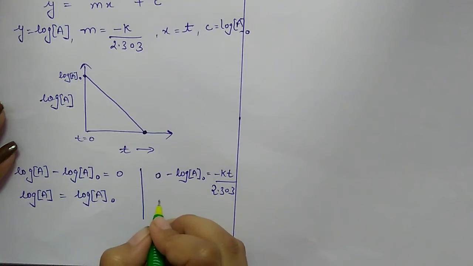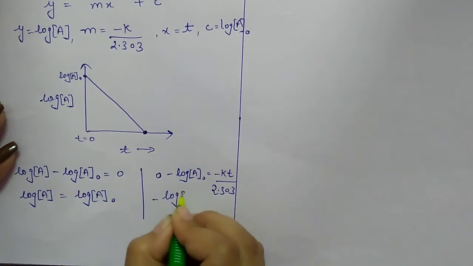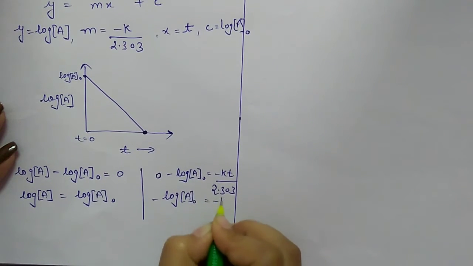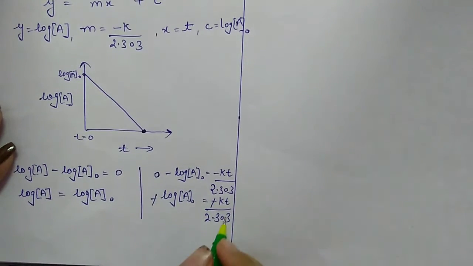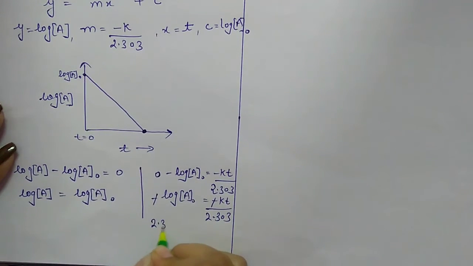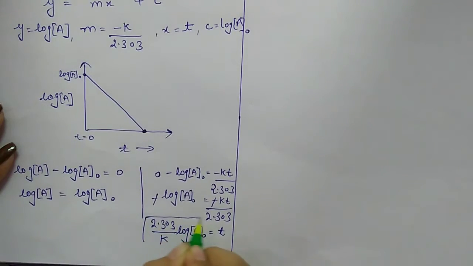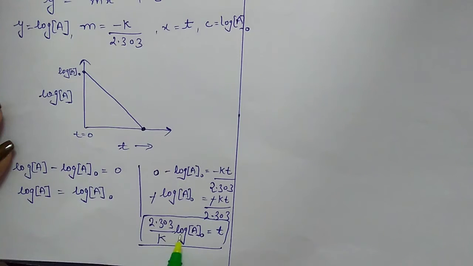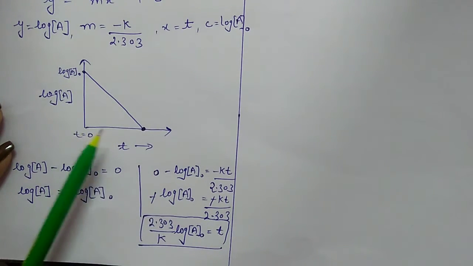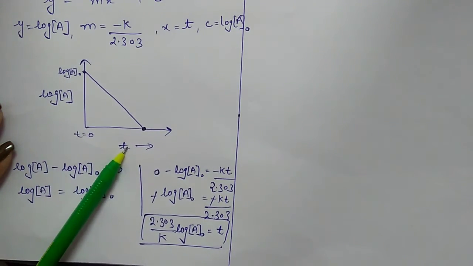So t will be equal to, minus and minus cancel, 2.303 by k log A naught is equal to t. So the value of this coordinate is 2.303 by k log A naught. Okay. So in this way you can plot the graph between log A and t.